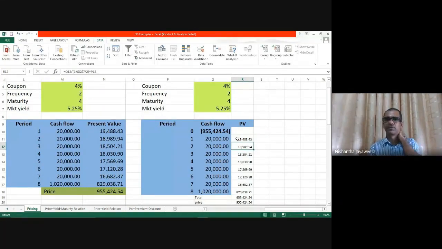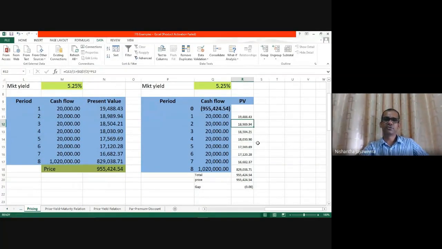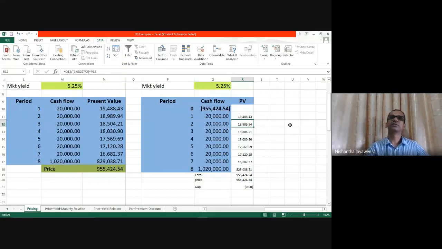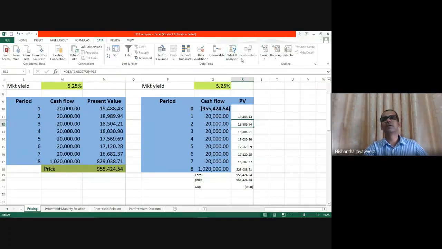So this is just for your knowledge. If you are going to use Excel to do these sorts of calculations, you can use the IRR function or the Goal Seek function in Data, What-If Analysis.